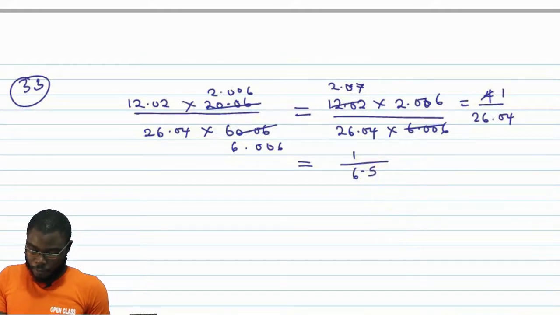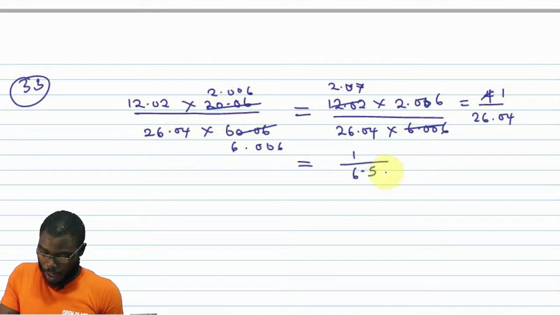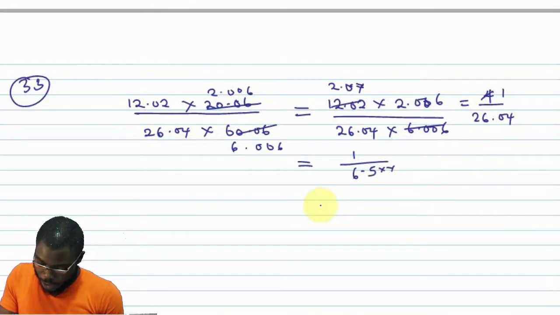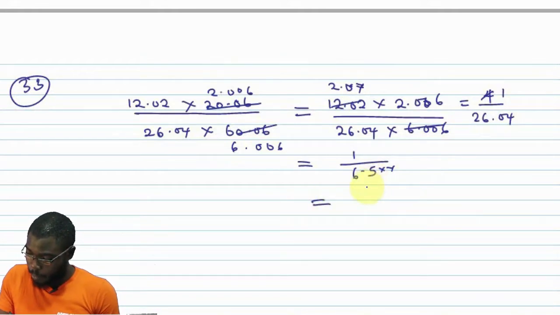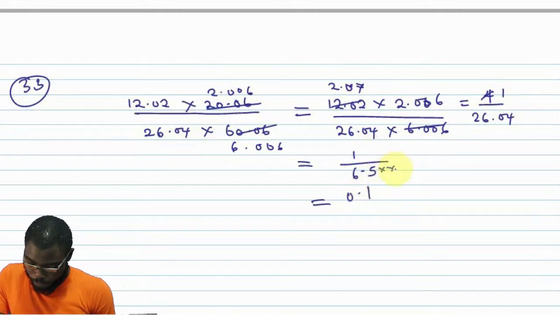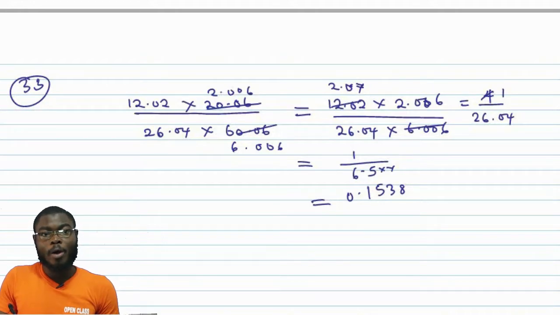So we have 1.1 divided by 6.5 with some figures in front of it. If you divide 1 by 6.5, you have 0.1538.